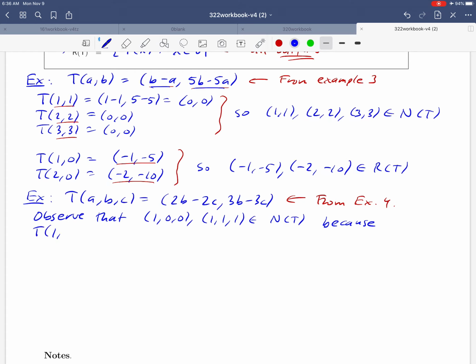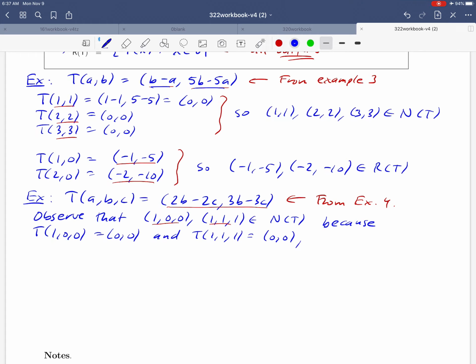So T of (1, 0, 0): a is 1 and b and c are both 0, and since b and c are both 0, we're going to get 0 in both of those coordinates. And you can verify that T of (1, 1, 1), because b and c are equal, gives you the 0 vector as well. So these two vectors are in the null space just because when we substitute them into T, we get the 0 vector out.